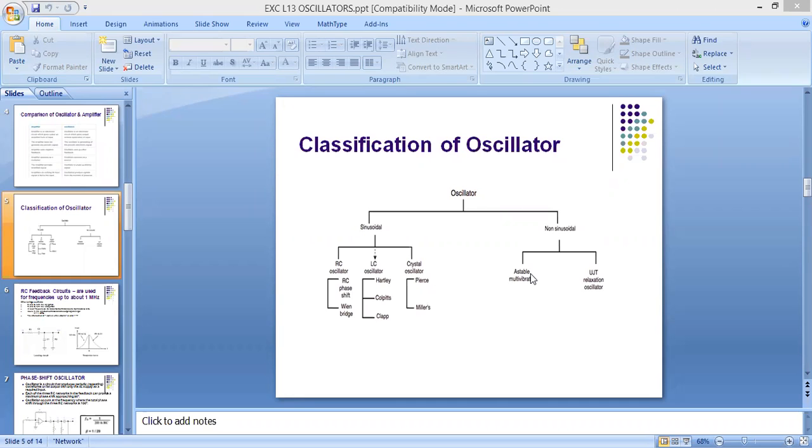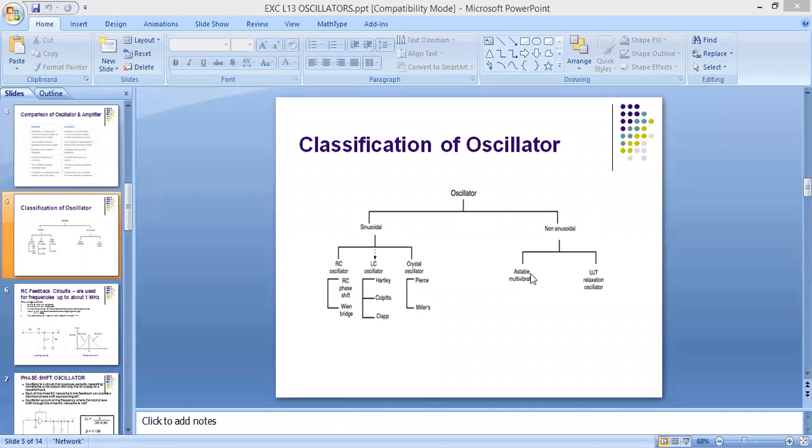It means, if that feedback amplifier is giving loop gain equal to 1, that is, A into beta has a value of 1. And the second condition is that the loop phase shift will be 0 or 360 degrees. So the loop phase shift will be the angle of A plus the angle of beta; the addition of both will be 360 degrees.